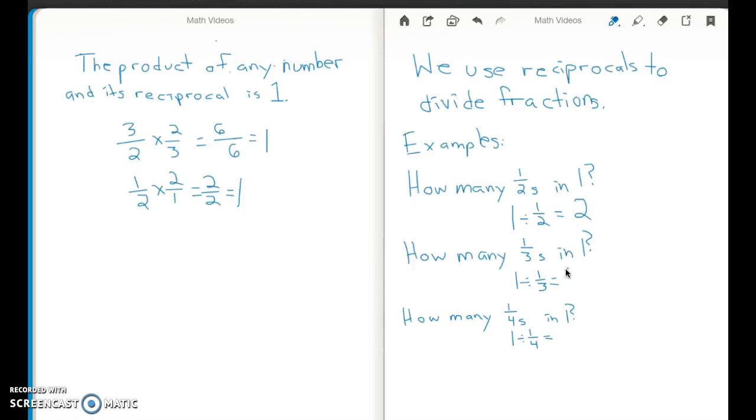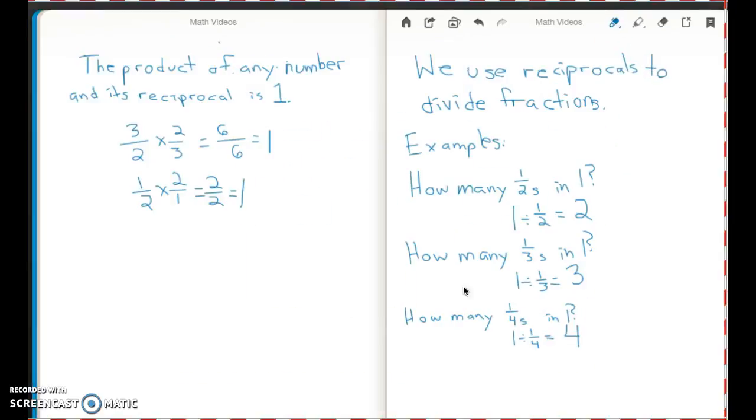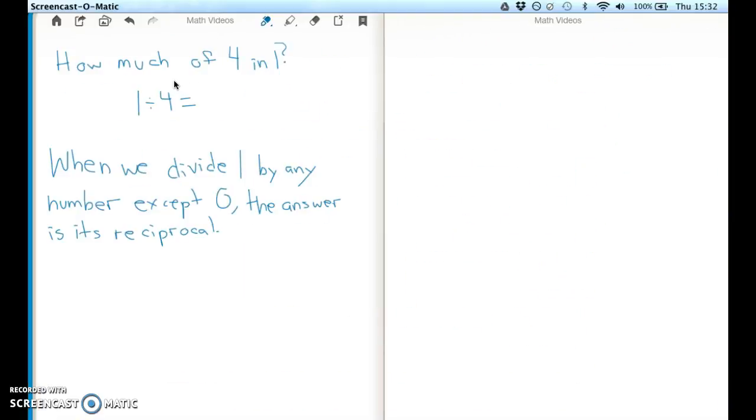How many thirds are in 1? We would write this 1 divided by 1/3. And we know that there are 3 thirds in 1. Again, how many fourths are there in 1? We can look at that. 1 divided by 1/4, and our answer is 4. Write this one.